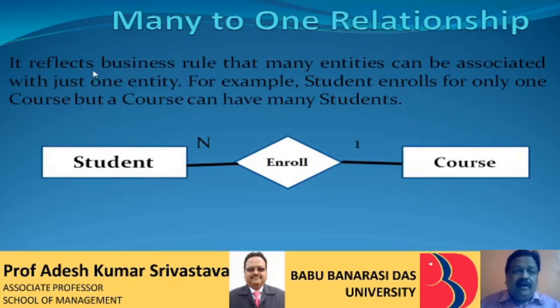Now we come to the many to one relationship. It reflects the business rule that many entities can be associated with just one entity. For example, a student enrolls for only one course, but a course can have many students. This is a very practical example: there are n number of students who enroll for one course. This is called many to one relationship.